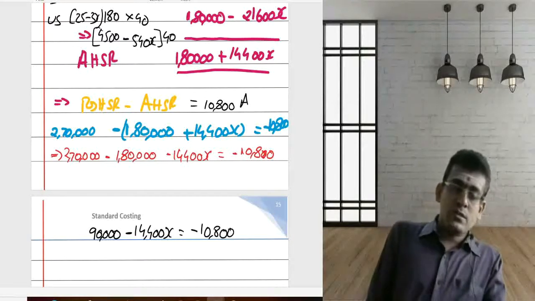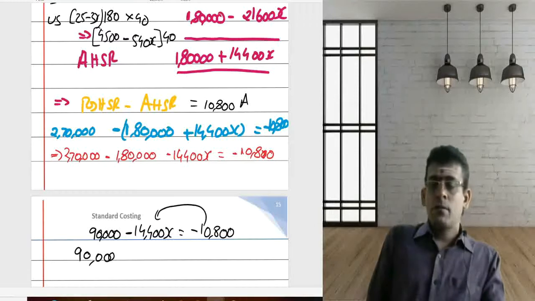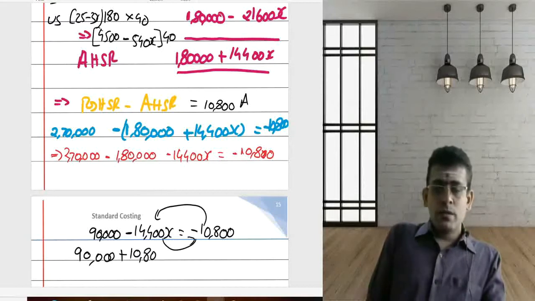If this comes to this side and x goes to that side, what will happen? 90,000 coming this side, minus will become plus. So plus 10,800 is equal to 14,400x.